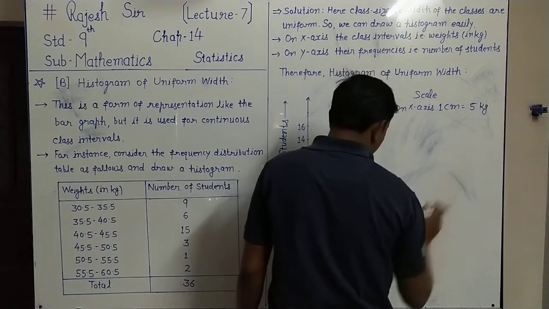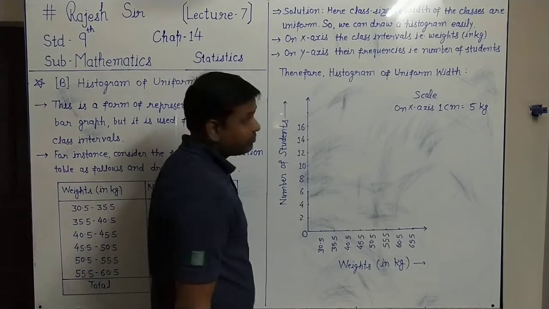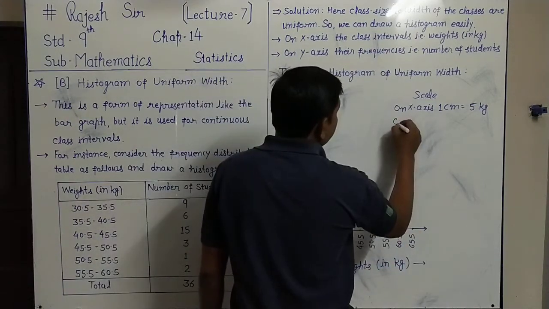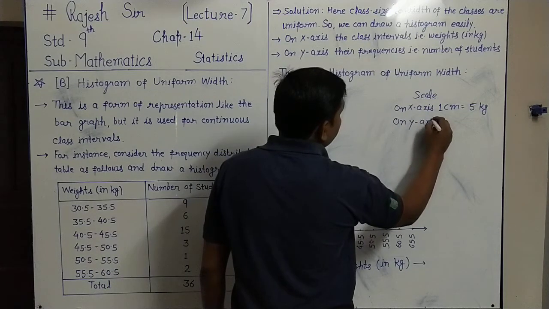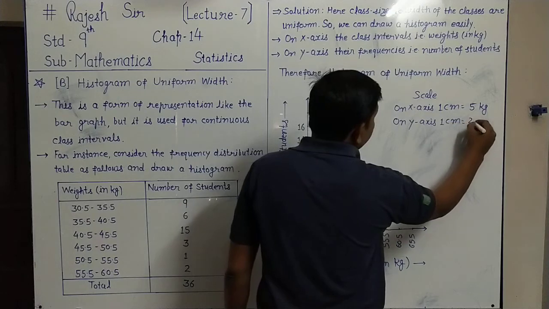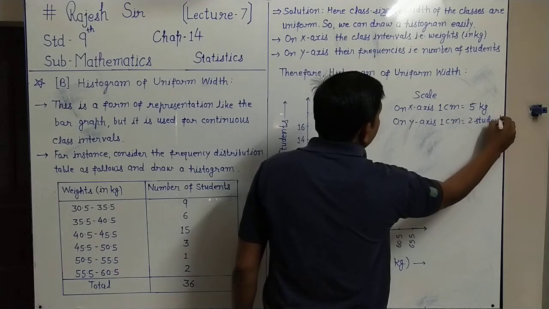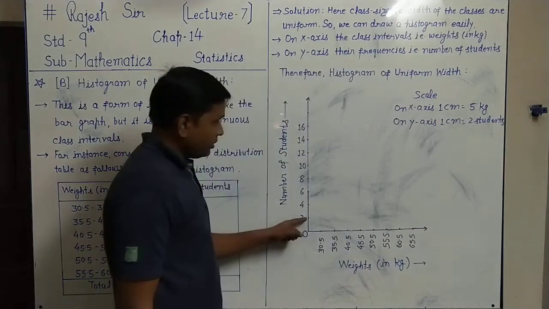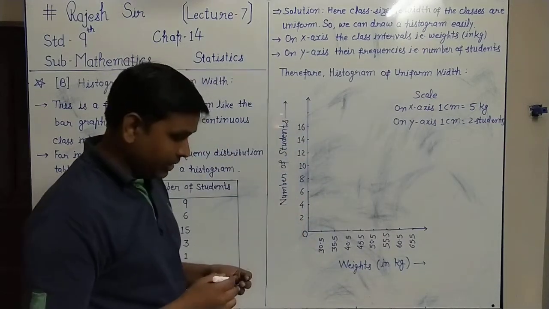So 1 centimeter gap shows 5 kilograms on the x-axis. On the y-axis, 1 centimeter shows 2 students. Each 1 centimeter shows a gap of 2 students.